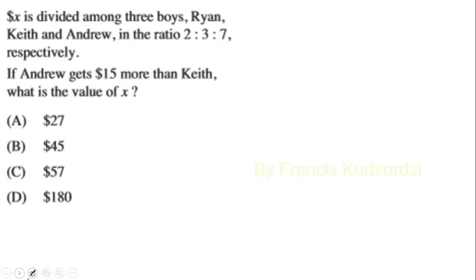X is divided among 3 boys: Brian, Kate, and Andrew, in a ratio 2:3:7 respectively. If Andrew gets $15 more than Kate, what is the value of X? So let's see how we go about this.